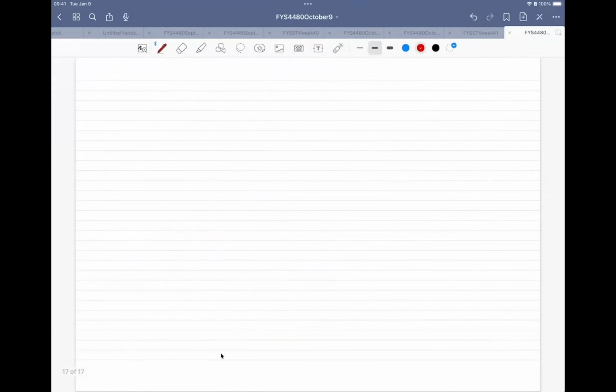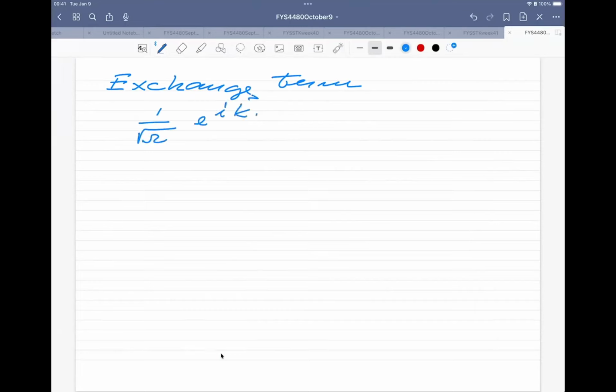So what we get now, if we start with the exchange term, this is now going to be given, if you think of the wave functions which we are looking at, by 1 over omega, and then e to the i k times r.